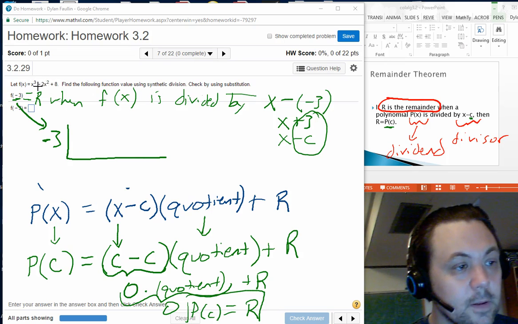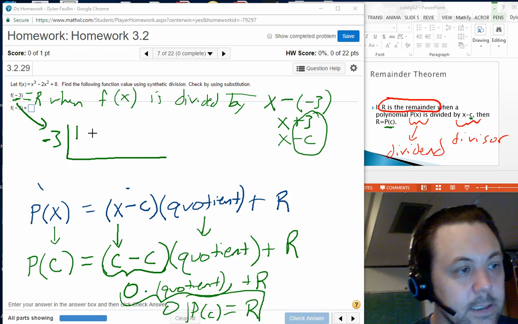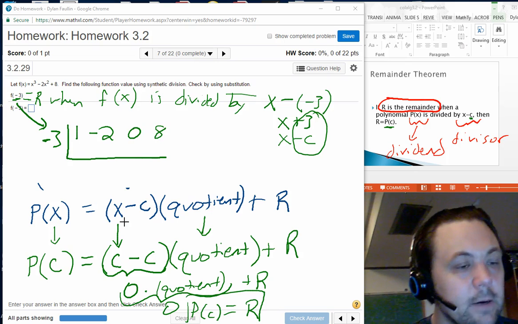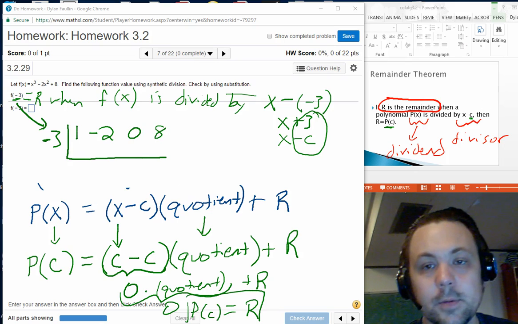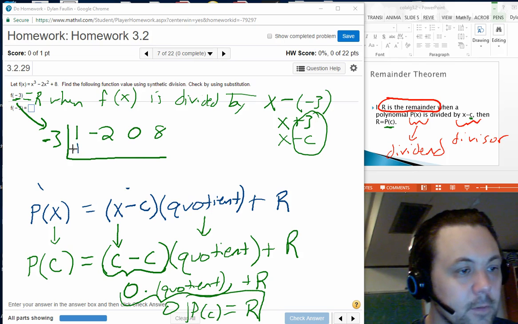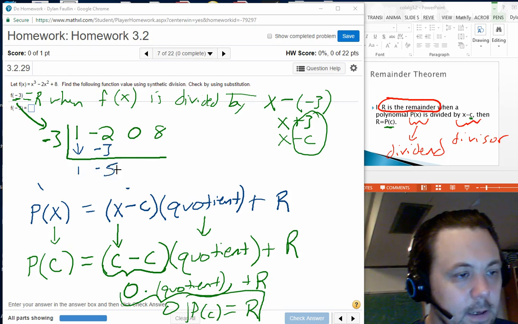Across the top, we'll put the coefficients of our dividend, which is the polynomial we were given, starting with the highest power, 1, negative 2. Don't forget 0 because we're missing x to the first power, so we have to have 0 in there as a placeholder. All right, we'll start by dropping the first number below the box. It's going to be a 1. 1 times negative 3 is negative 3. You add these together, you get negative 5.